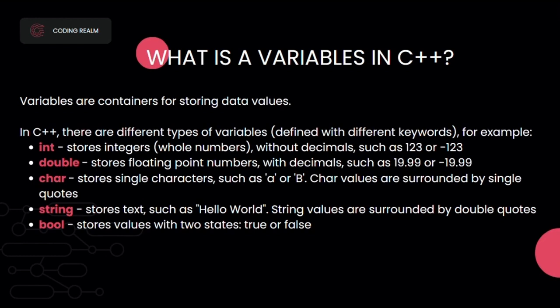It stores text such as hello world. String values are surrounded by double quotes, like here. Bool stores values with two states. It can be true or false. True is represented by the number 1 and false is represented by 0.